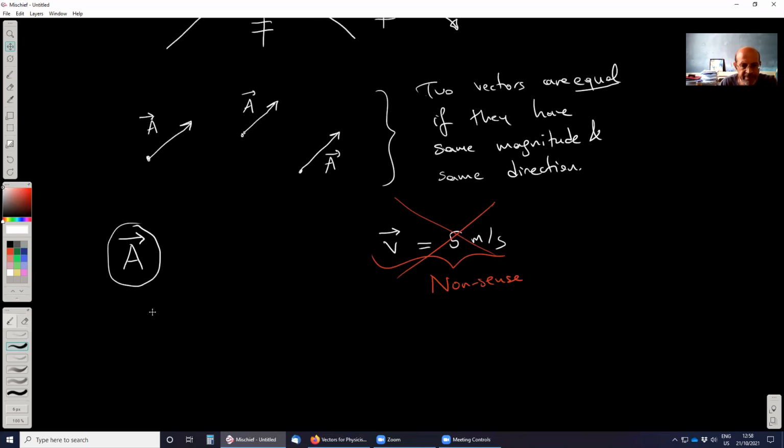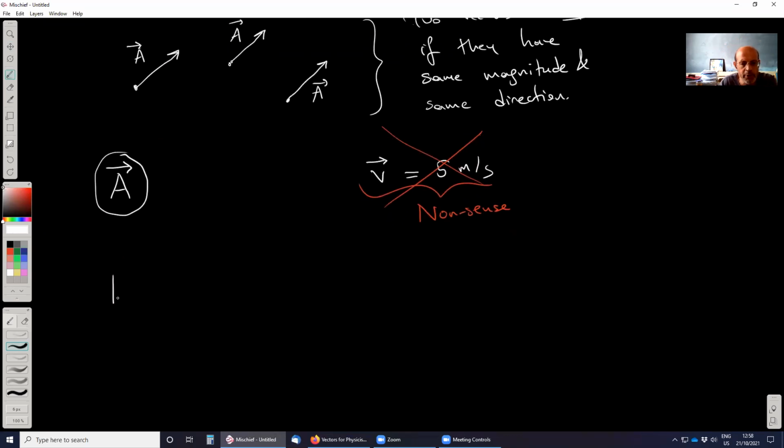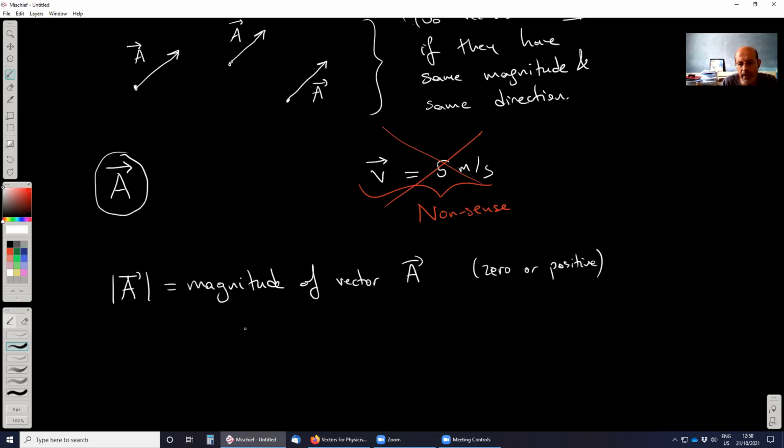So the second thing, lots of different things in here. I'm going to use this notation to express the magnitude of a vector, vector A, right? Magnitude is always a positive number or zero. It cannot be negative. We use the absolute value sign, but sometimes people use the double absolute value sign.